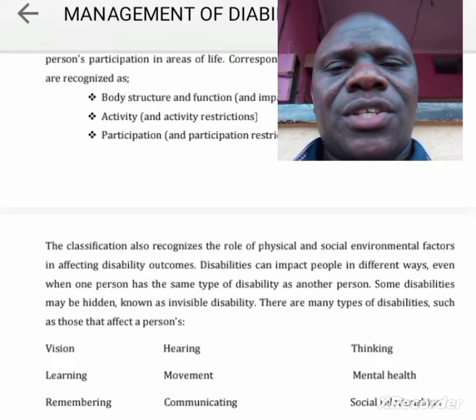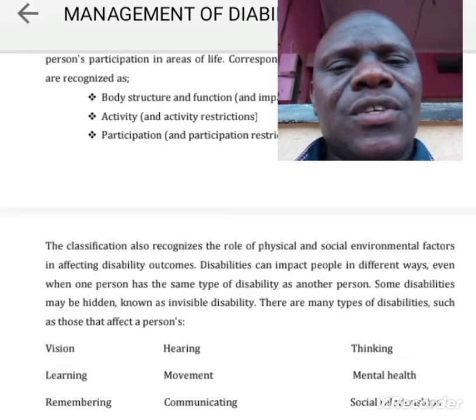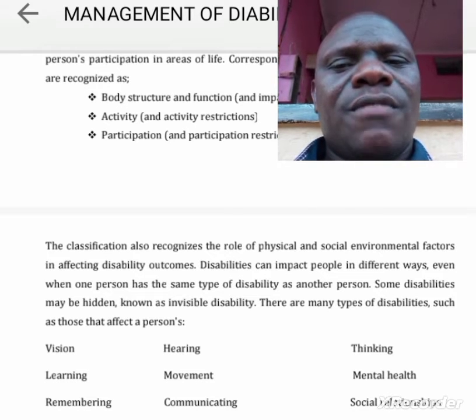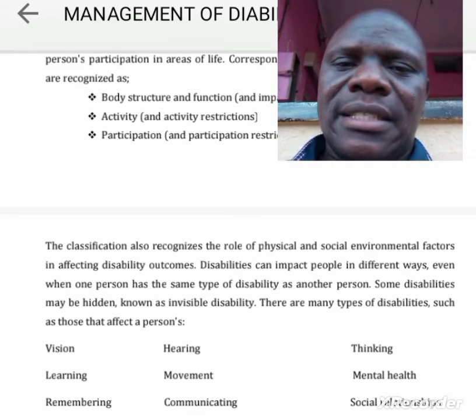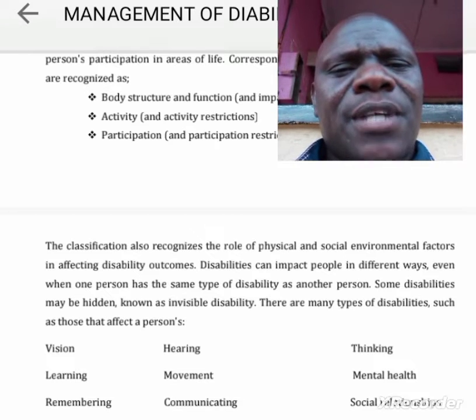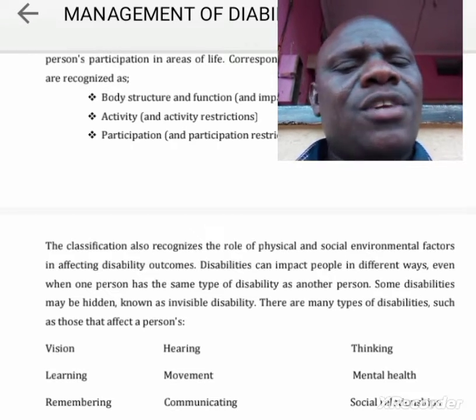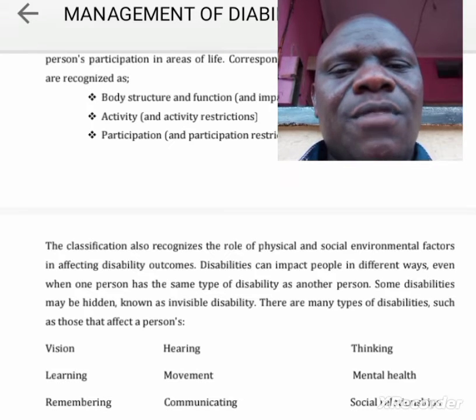The classification also recognizes the role of the physical and the social emotional factors in affecting disabilities. Disabilities can impact people in different ways, even when one person has the same type of disability.